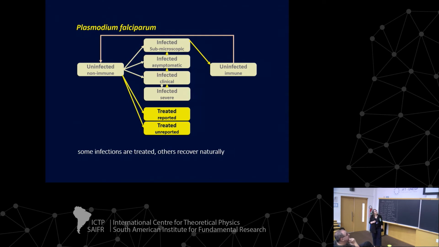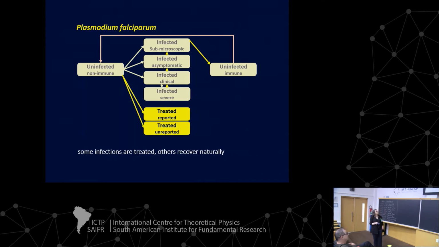So a standard approach, you either get treated when you get a clinical infection, or you go up the level of severity, get really sick, or you gradually, if you're not treated, gradually eliminate your parasites and move down the levels of severity and eventually recover. But if you're treated, then you're going to appear in the national surveillance system, unless you go to a private facility, in which case you won't appear.